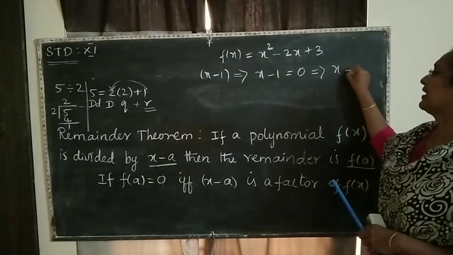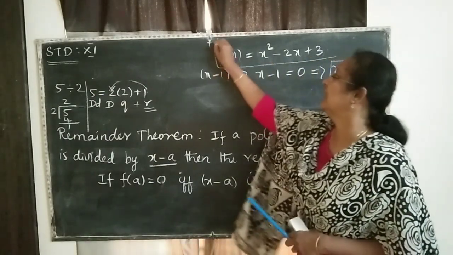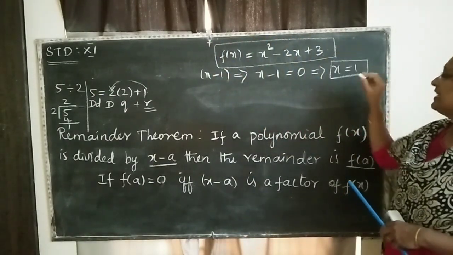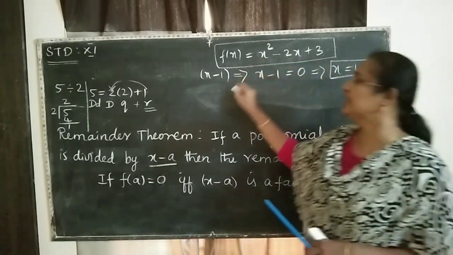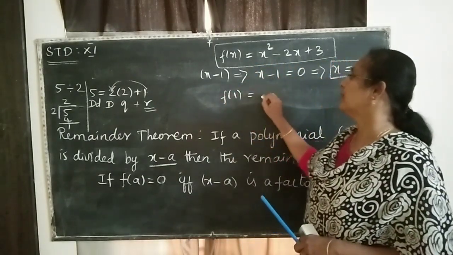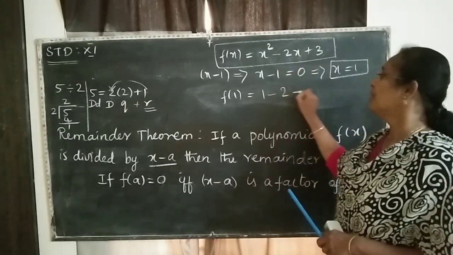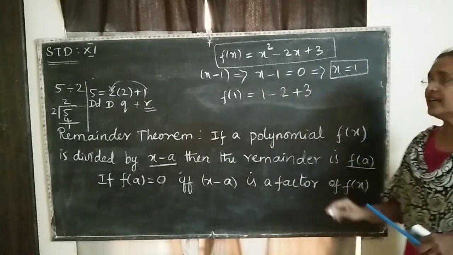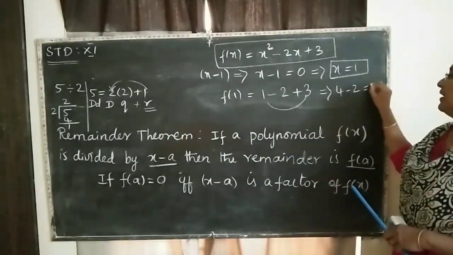This implies x is equal to 1. Yes or no? Now, in this function f of x, instead of x, I will substitute 1. So, f of 1 will be equal to 1 squared is 1 minus 2 into 1 is 2 plus 3. Is it clear? So, now 1 plus 3 is 4. 4 minus 2 is equal to 2.